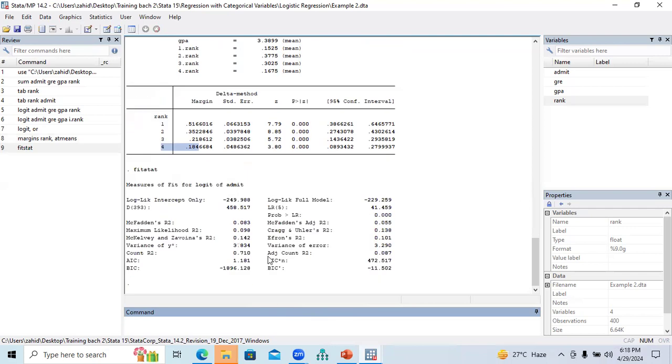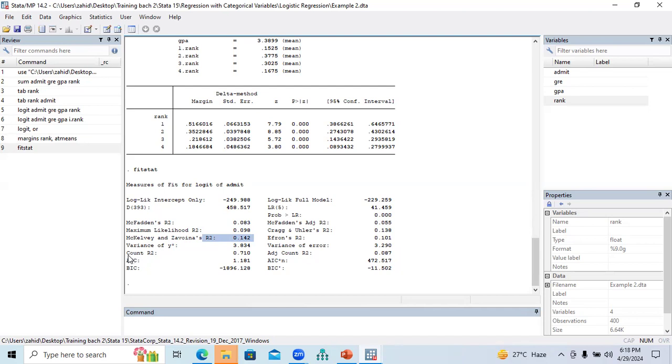It will show you the detailed fit statistics of your logistic regression. You can report this table as part of the fit statistics procedure. You can see here the R square value, the maximum likelihood R square value, the McFadden R square value. So there are three different types of R square.